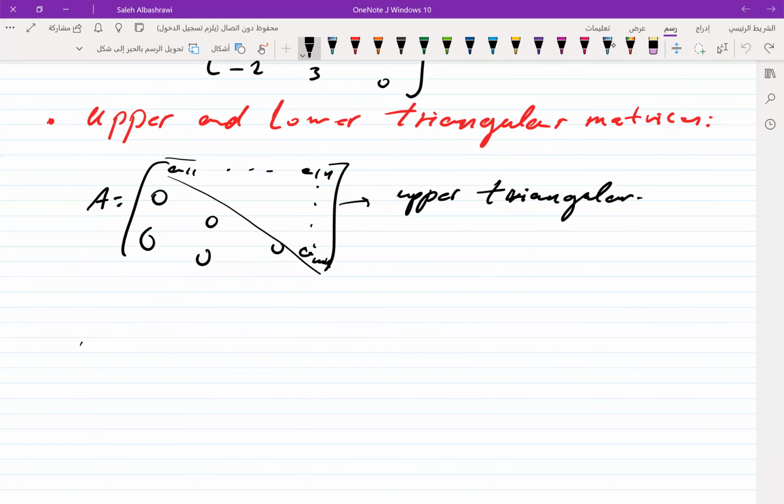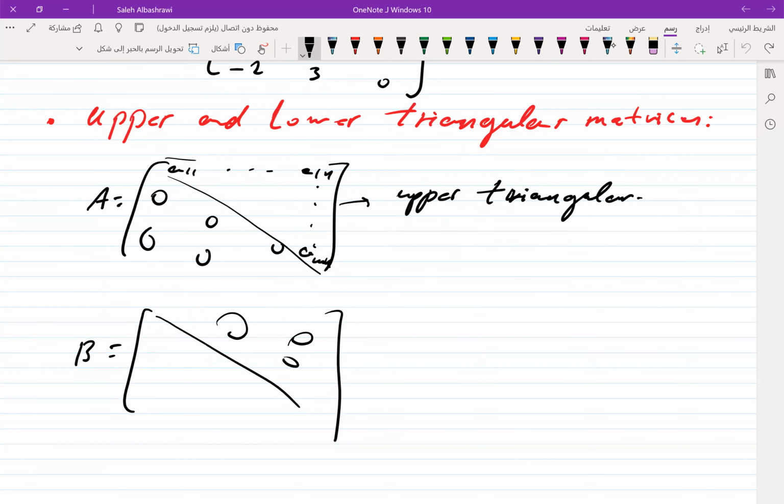The opposite of this one is the lower triangular: 0 everywhere above the main diagonal and non-zero under the main diagonal. We call this a lower triangular matrix.